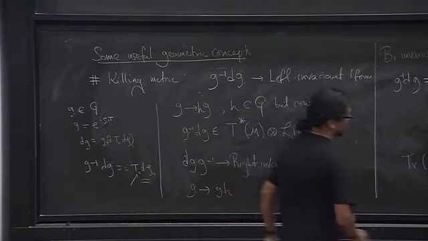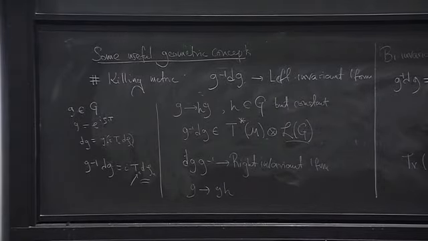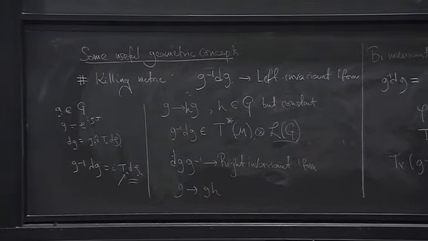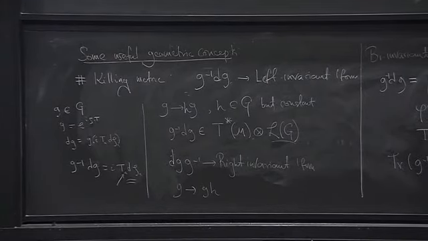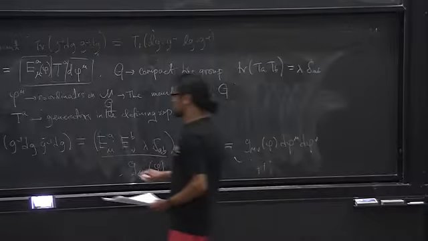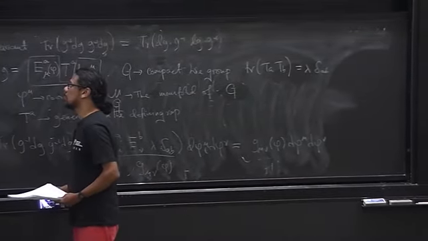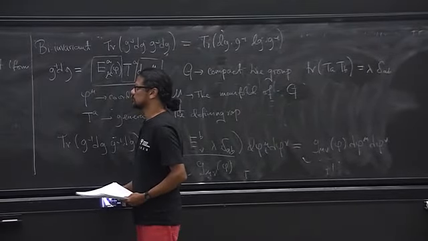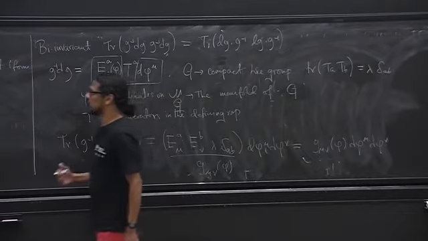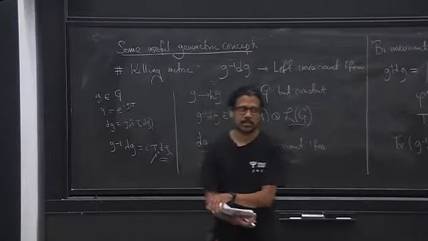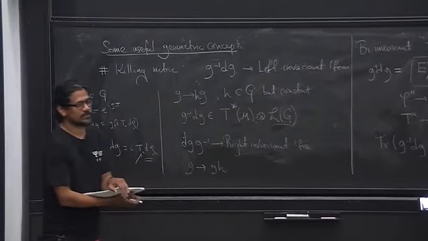So this thing is called a Killing metric, and if you are given a metric, you can always define a torsion-free connection called a Levi-Civita connection.